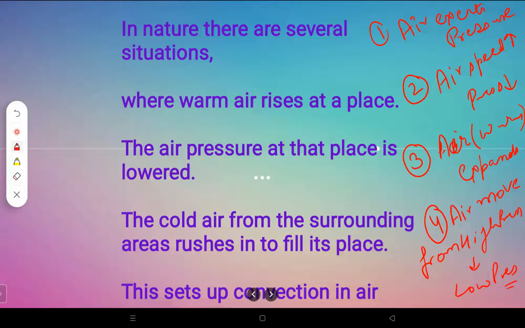We have studied these four things in all those experiments. These experiments are just to understand these four things. You just have to remember these four things to understand how a cyclone forms, how these winds become so fast and destructive. Do you understand these four things?